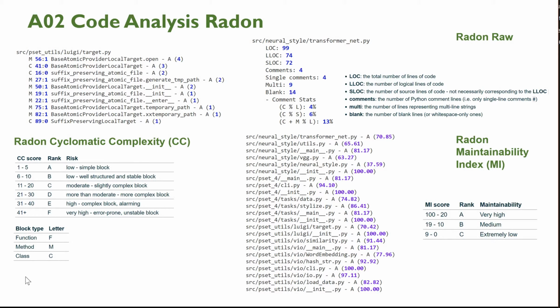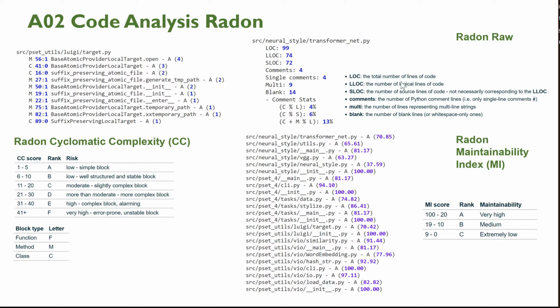It can even give you details whether this is a function, a method, or a class. You can see here the scoring and the classification. Again, this is out of the box and very quick.